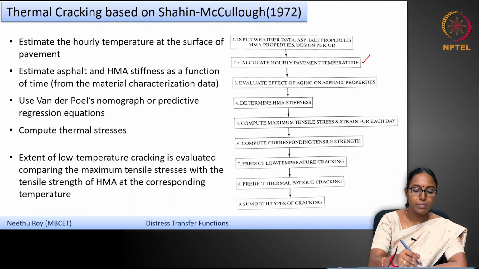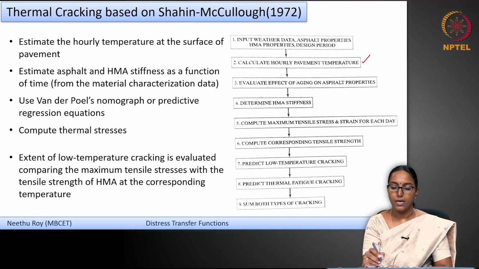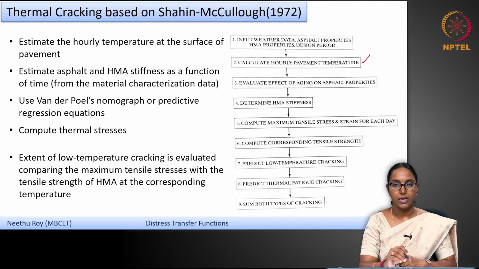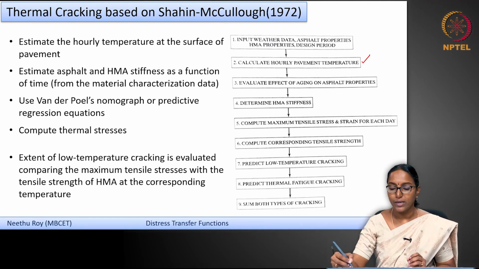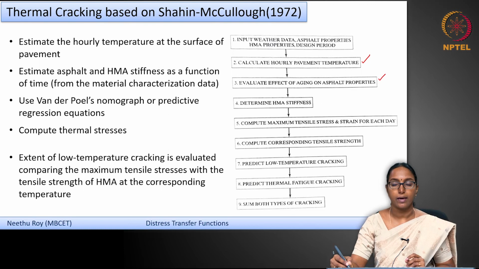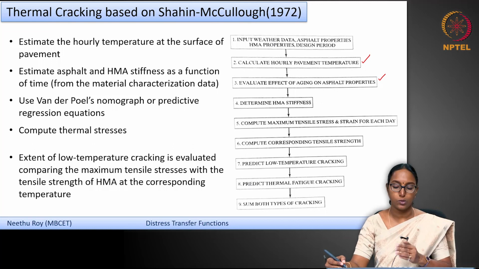Now, you estimate the asphalt and the HMA stiffness as a function of time. Again, from the material characterization data, you can see that at various temperatures and with aging, the material modulus and the material stiffness changes. So evaluate the effect of this aging and other characteristics on the asphalt properties, and determine the stiffness of the material over this period of time.